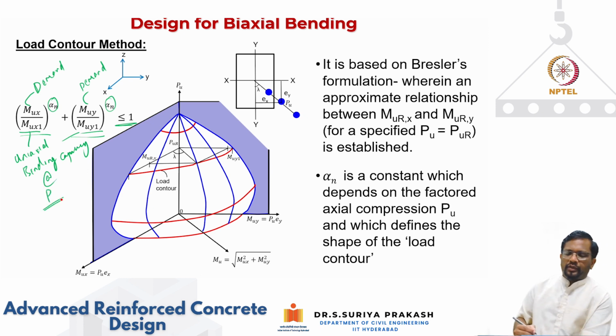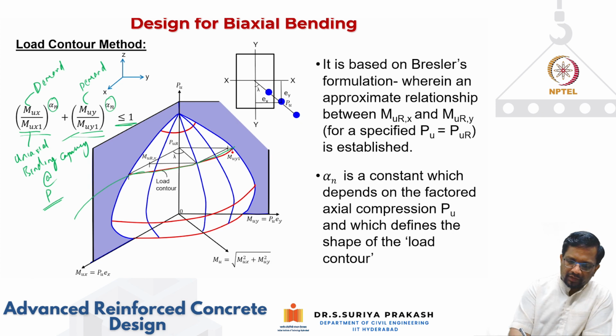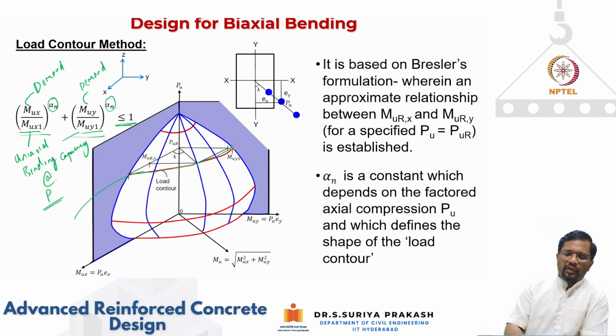P. So for example, let's look at this case. In this case, this is the curve that was given by this equation. Here, what are Mux1 and Muy1? You see here, this is at a particular value of your axial compression.